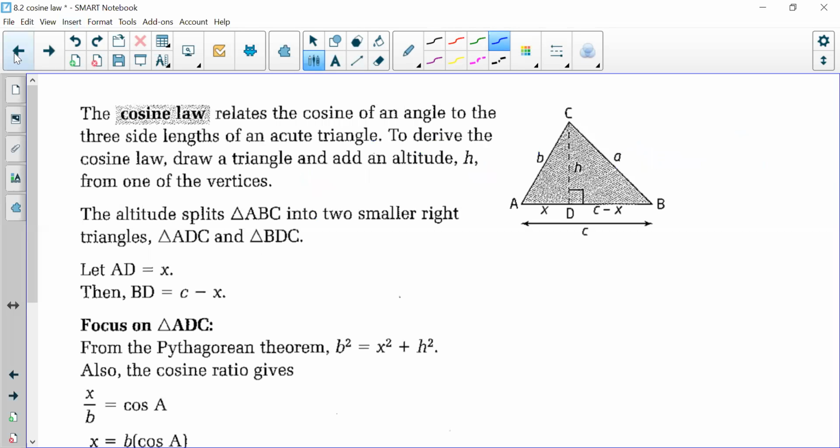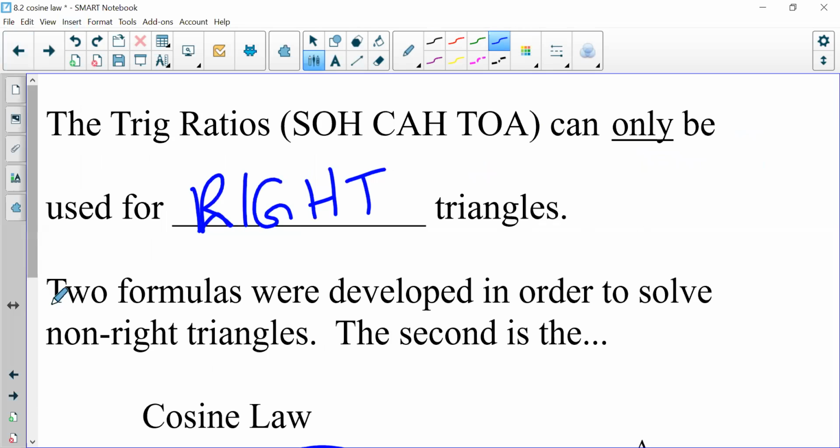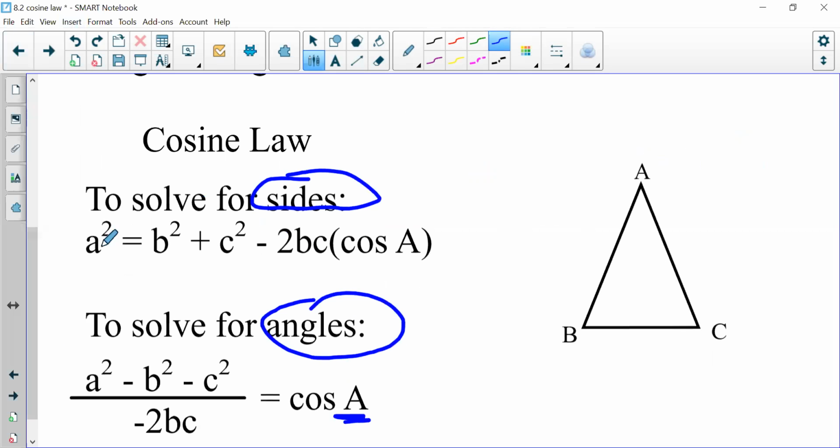Because in cosine law, if you're solving for a side length, if I'm solving for side A, I need to know the angle across from it. So I would need to know angle A. So you actually only need one angle and the two sides attached to that angle for cosine law.